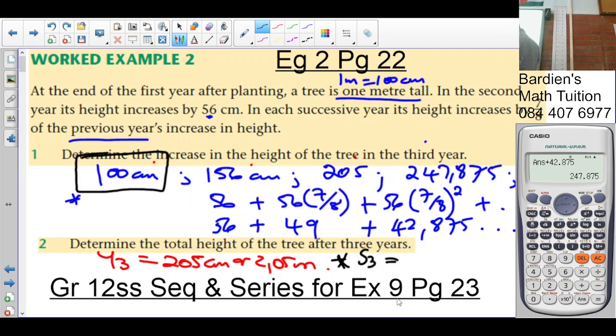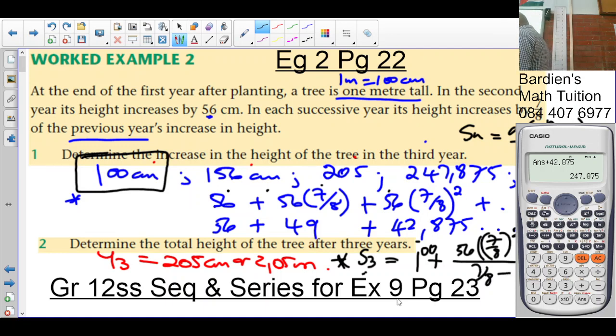So the first year is 1 meter plus... now from the second year onwards, it actually conforms to a pattern. So if I use the formula, Sn is equal to a(r^n minus 1) over r minus 1, it is simply going to be 56 into r, which is 7 over 8. Now, although it's term 3, 1 is accounted for. It's supposed to actually be 100, yeah? 1 is accounted for, so it's going to be 2 minus 1 over 7 over 8 minus 1.